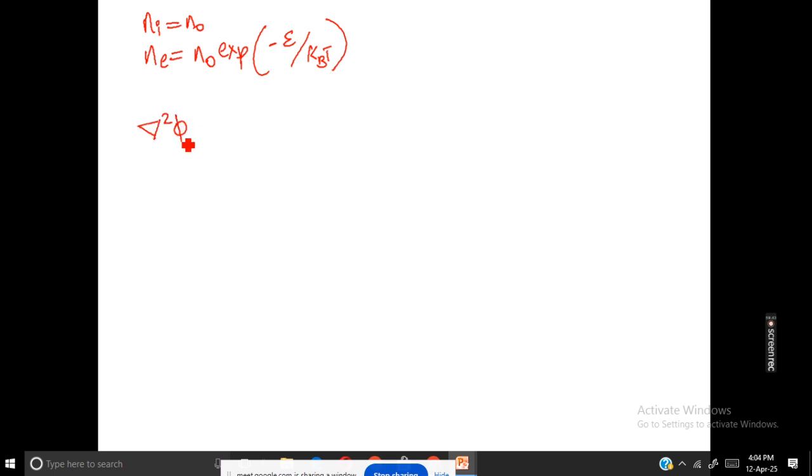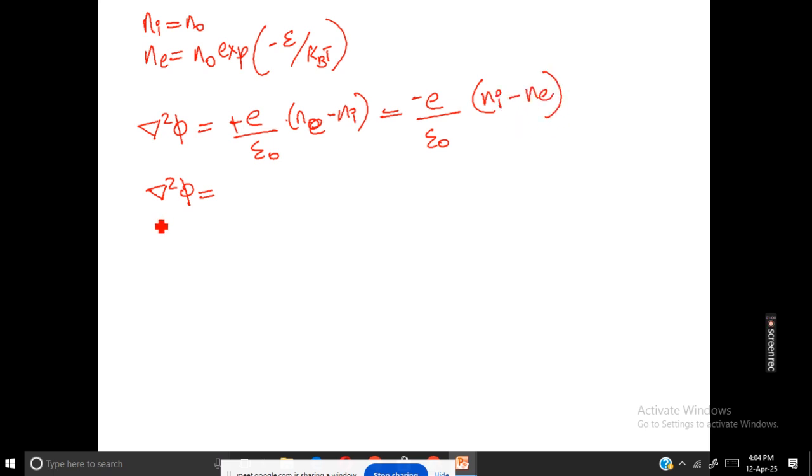So del square phi can be written as minus e by epsilon 0 into Ne minus Ni. Now we substitute Ne and Ni.